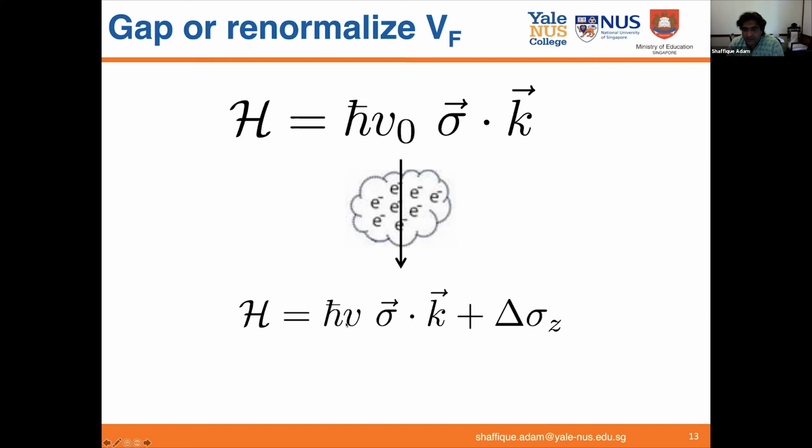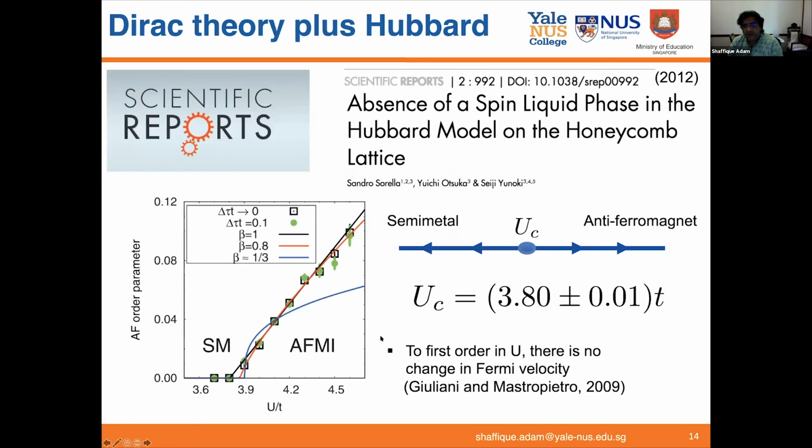So the question I want to address in this work is, what happens to this Fermi velocity in the presence of interactions? When we started this problem, I told you earlier that there are two ways to think of the Coulomb interaction.